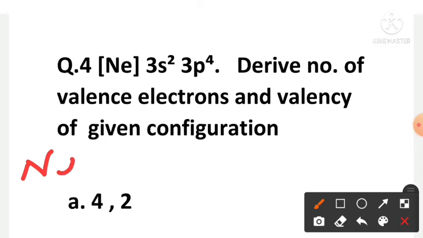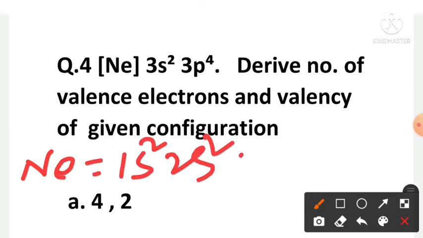Neon is equal to 1s2, 2s2, 2p6, so it is equal to 10 electrons. Now it is formed by adding K and L shells, and after that comes the M shell, 3s2, 3p4. So we have to derive first the valence electrons, then the valency of the given electronic configuration.